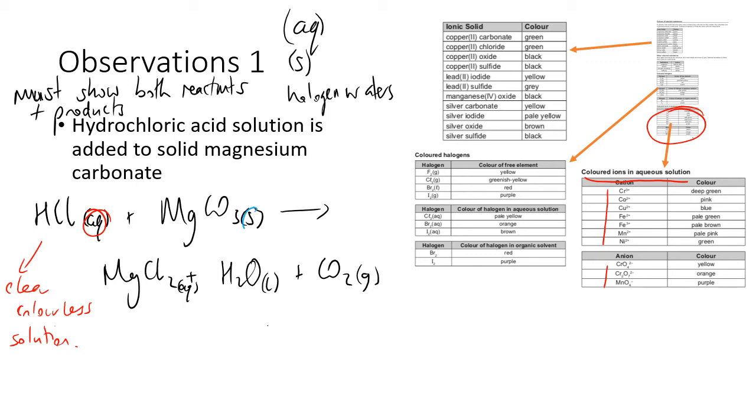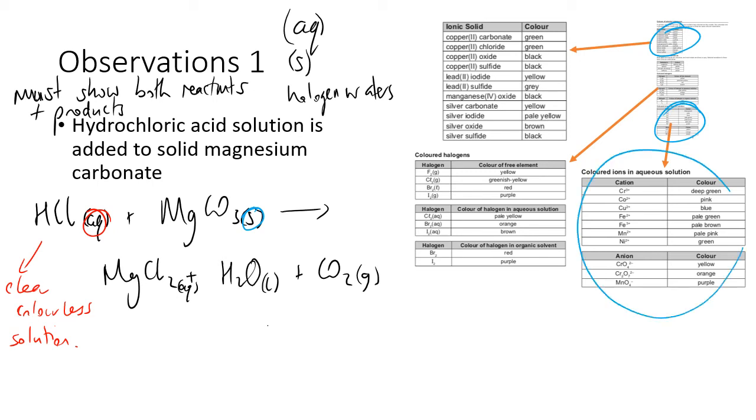Solids here, right? Different rule. So we're looking for magnesium carbonate. The first place we look is up here, which is at the top part there. And we say, okay, well, is magnesium carbonate in that list of ionic solids? And we say, no, it's not. Okay. So the second place we look is down here.